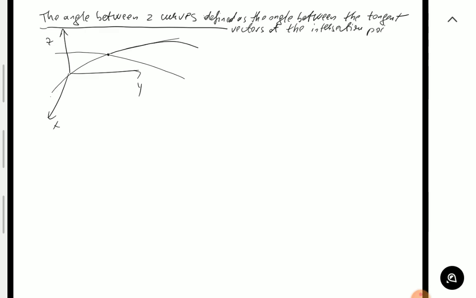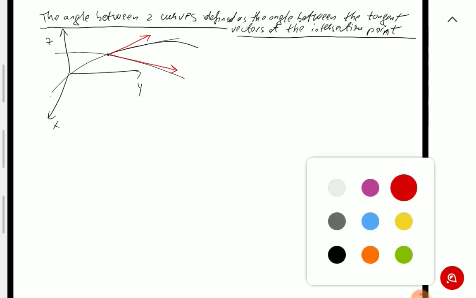Now obviously the curves could intersect in more than one point, but at each of these points you can talk about this concept of the angle between the curves at that point. So it's still a local property. So right off the bat, we already mentioned the definition, in the sense that it's going to be the angle formed by these two tangent vectors.